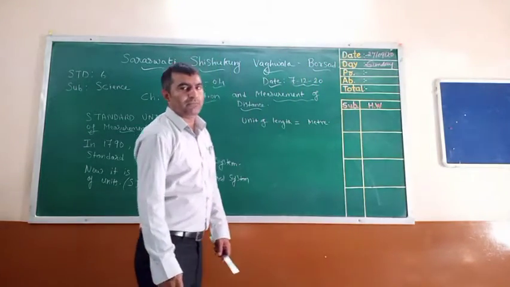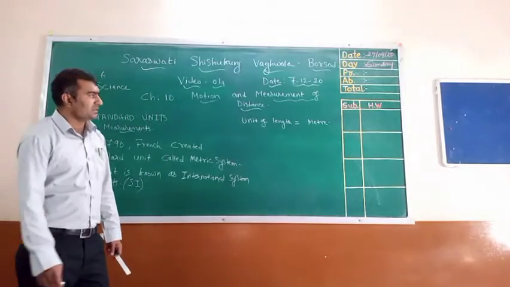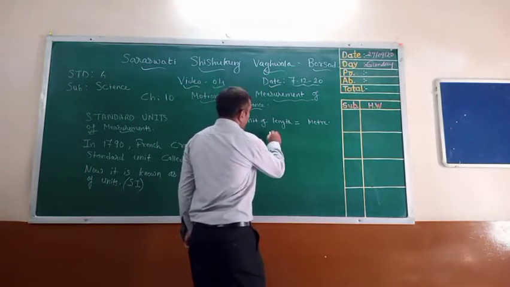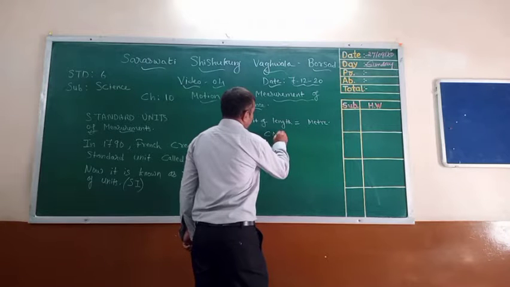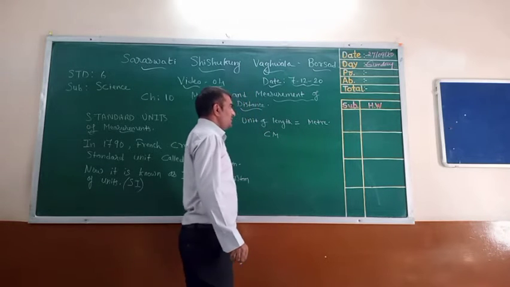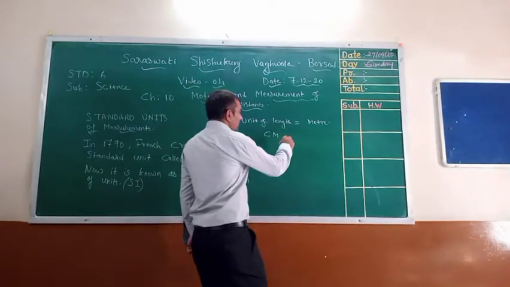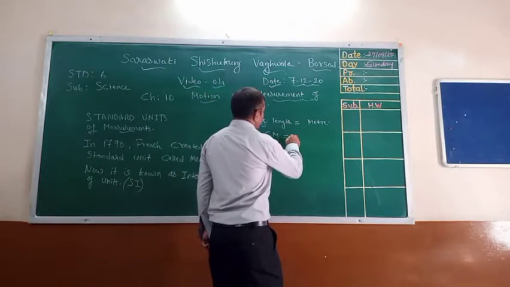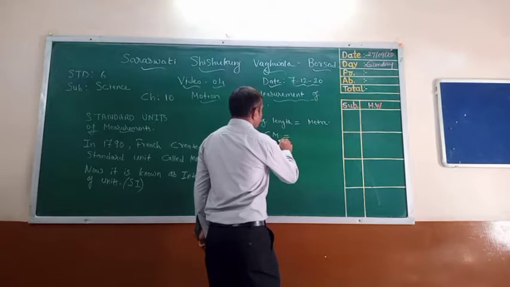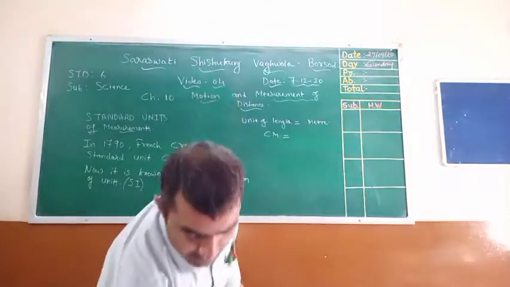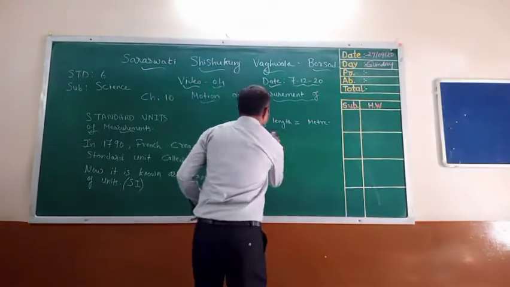For example, if you want to measure a small distance, it has a subunit known as centimeter, cm in short form. 1 meter is equal to 100 centimeter.